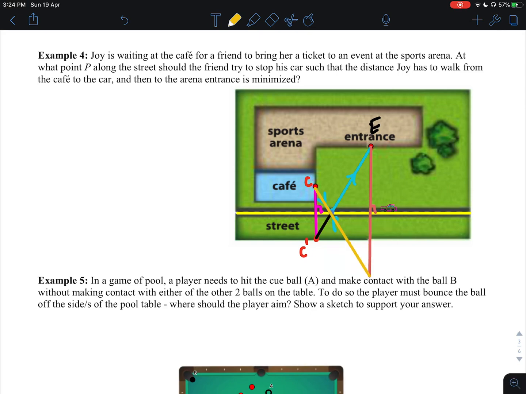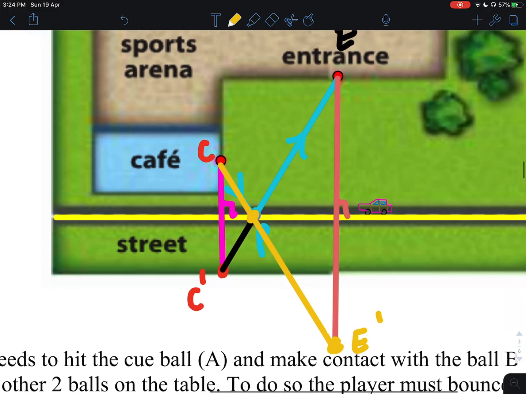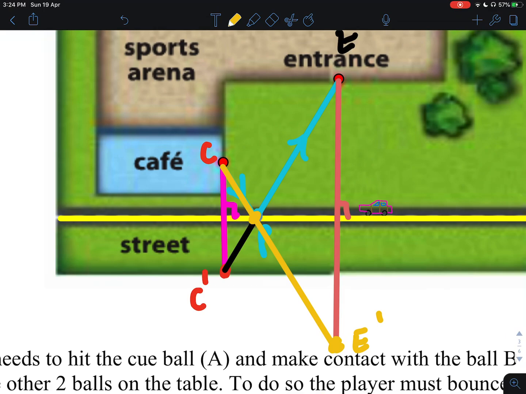And what you should see is that point P would have been produced irrespective of whether we had reflected C over the path of the road or whether we had reflected E.